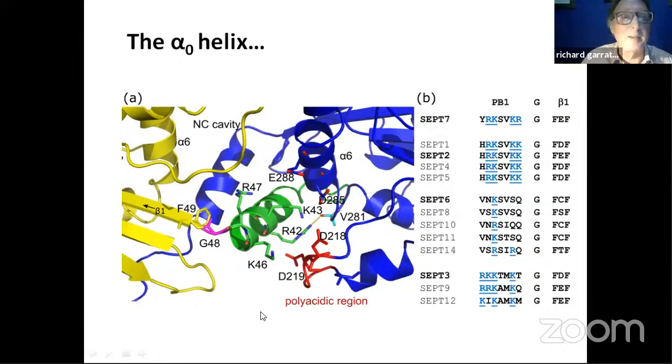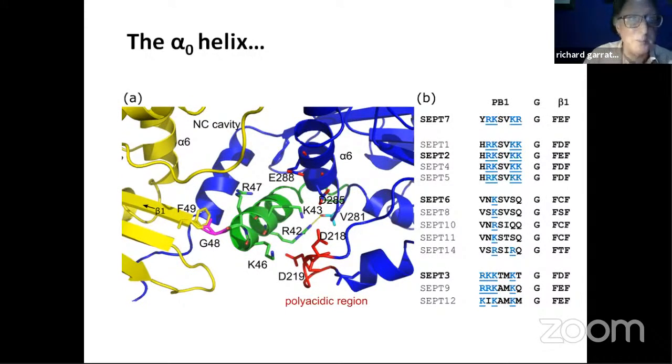But what's curious about it, given that we know that this region supposedly interacts with membranes, is that it's completely hidden. It's not exposed. There is no way a biological membrane can interact with this helix the way it is tucked away, hidden within the NC interface, between blue and yellow, forming the base of that cavity. So that doesn't seem to make much sense.